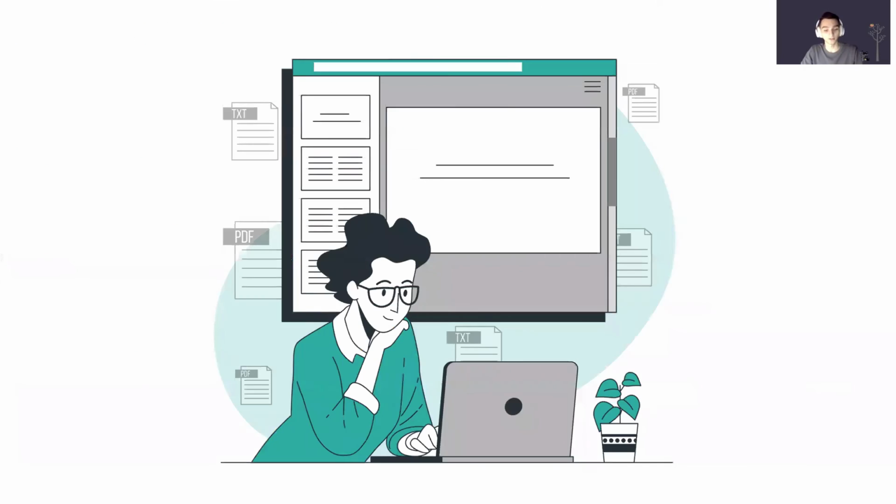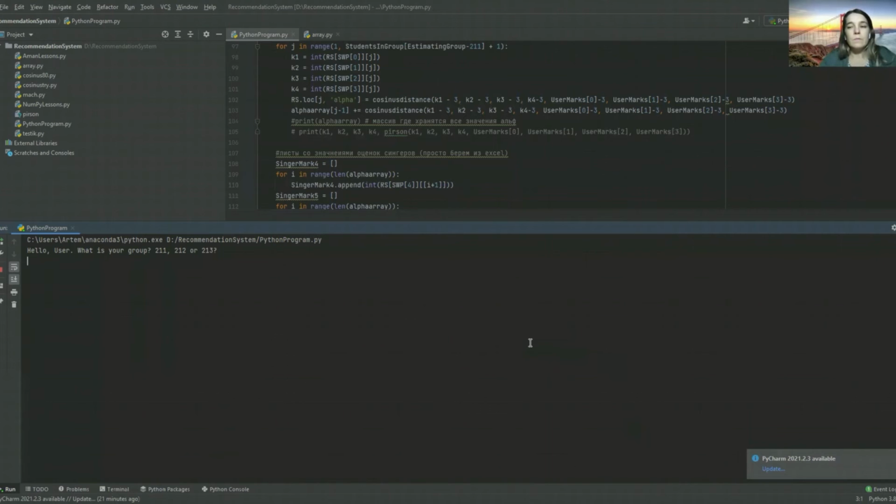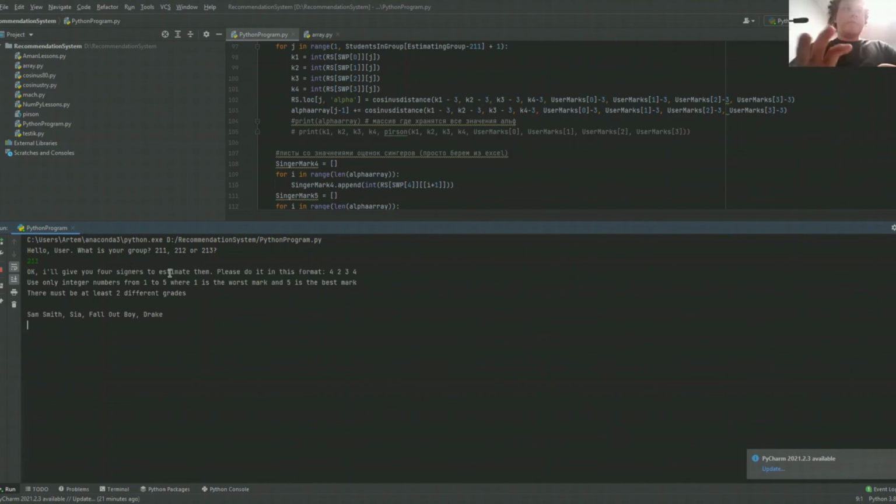And now we would like to tell you about the recommendation system of our making. Okay, so here we see our program. For example, our group is 211. So Simeon, how will you grade these singers?